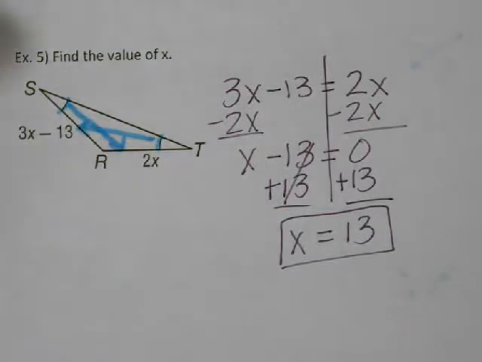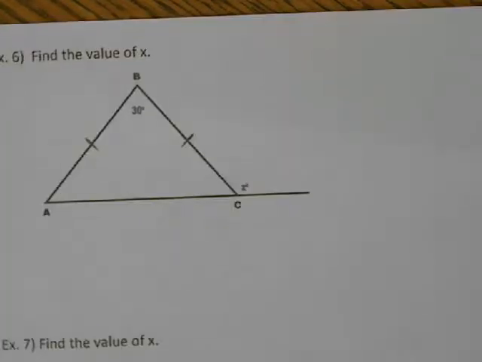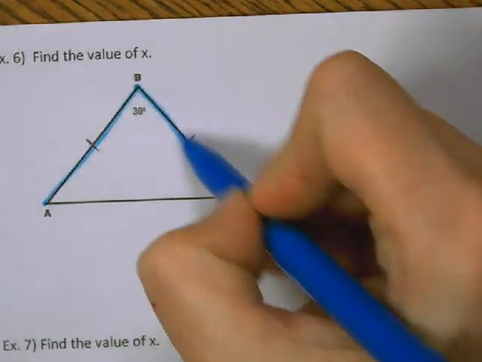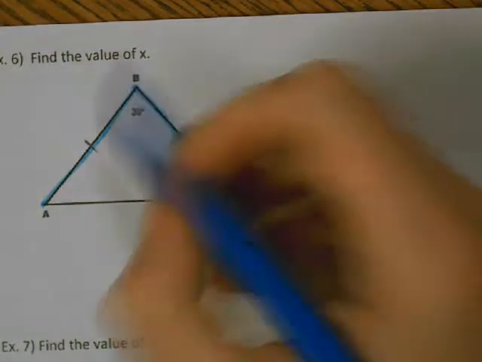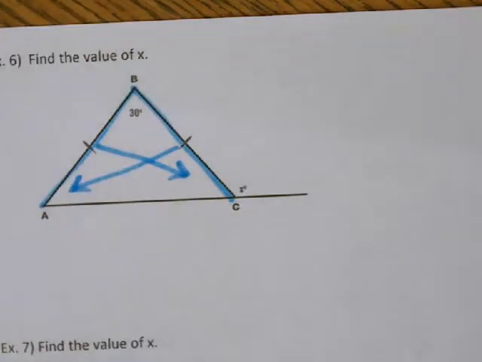Alright, example 6. Example 6 is talking about an isosceles triangle still. So I know that this side and this side are congruent, right? So that means that this angle and this angle are congruent.